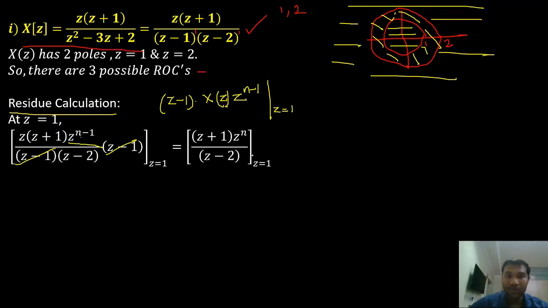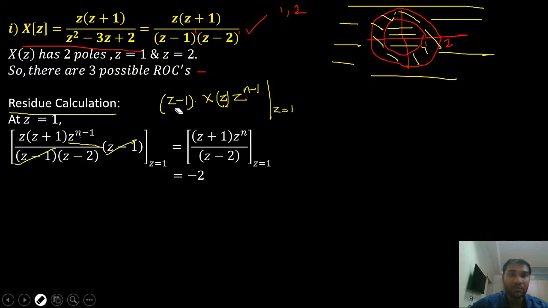Now in place of Z, I substitute 1. So 1 plus 1 is 2, into 1 to the power n, which is 1, divided by 1 minus 2, which is minus 1. That is minus 2. Minus 2 is my residue at Z equals 1.